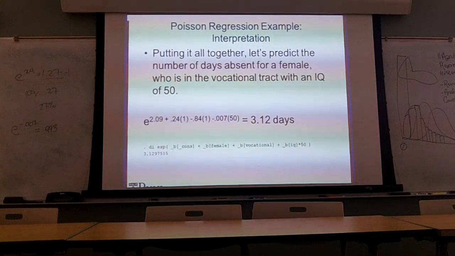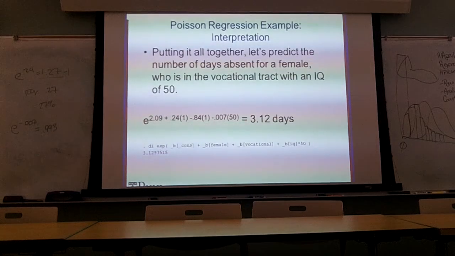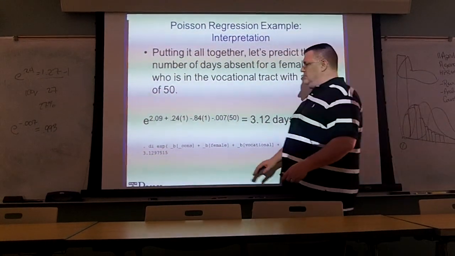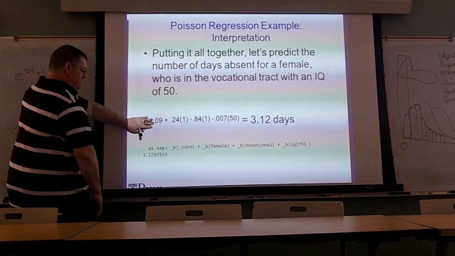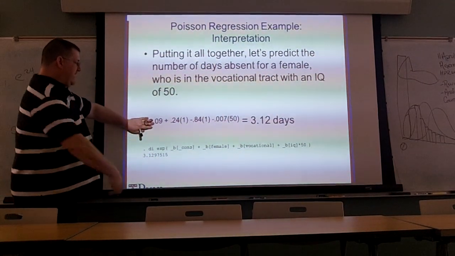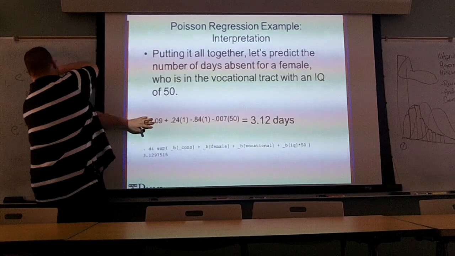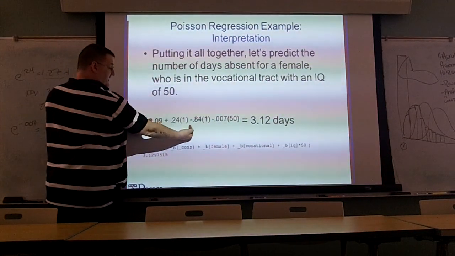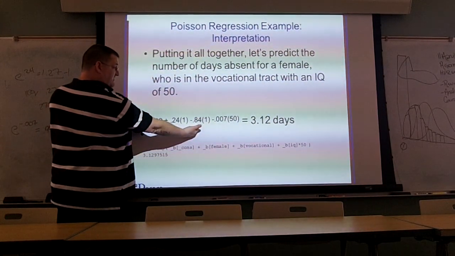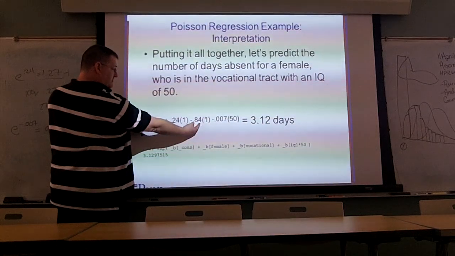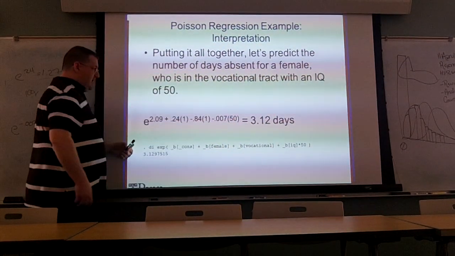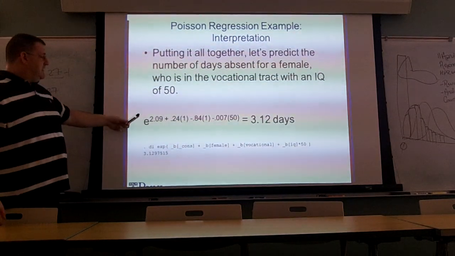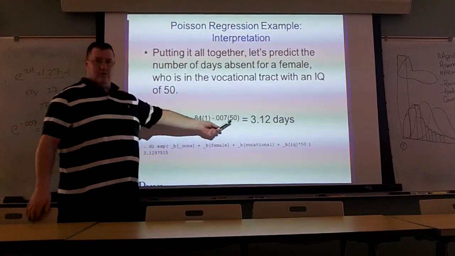If we put it all together just like we did with every other regression, here we have our intercept, the effect for being female, the 0.24, the effect of being in a vocational group, and the effect of somebody having an IQ of 50. Their expected number of days missed is 3.12.